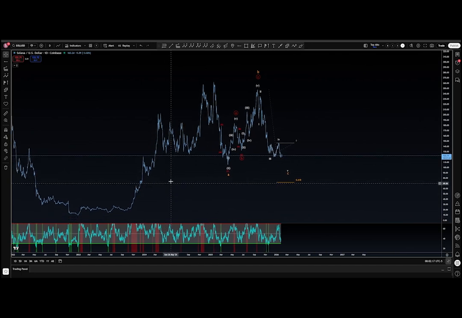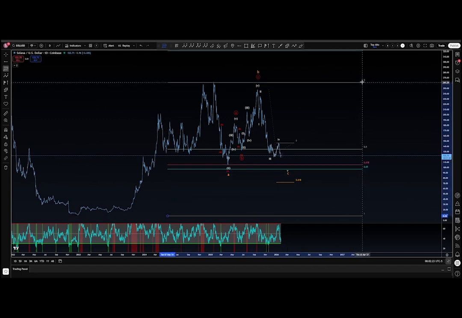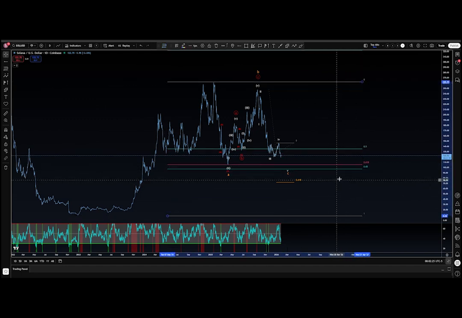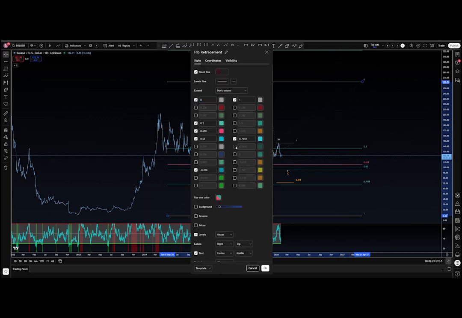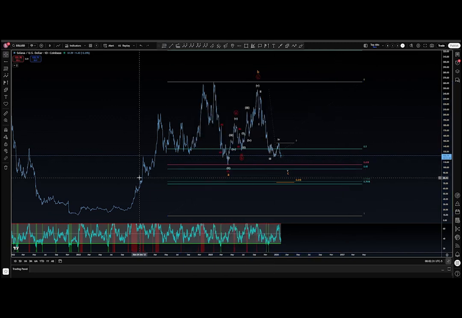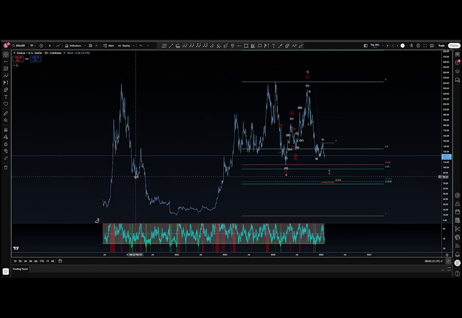So maybe this isn't quite as long as expectation would tell you. And then, of course, we have our other important Fibonacci levels that we should look for to hold it up. We don't have a lot of structural support to go off of. However, we do have this.